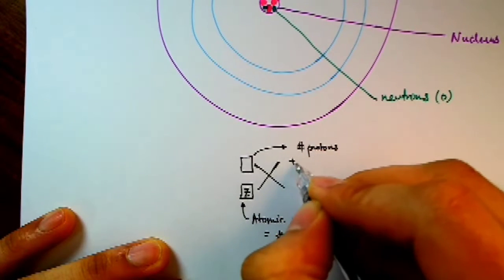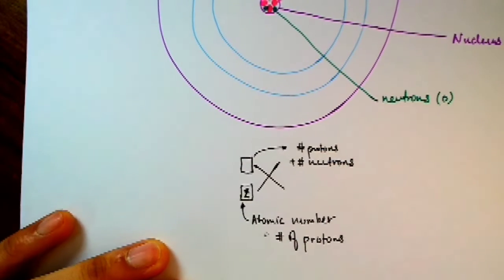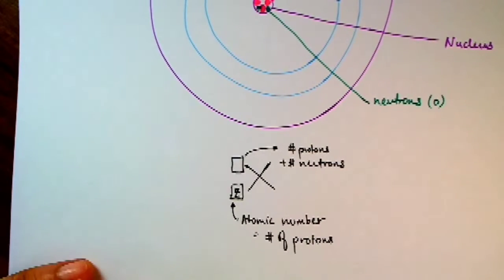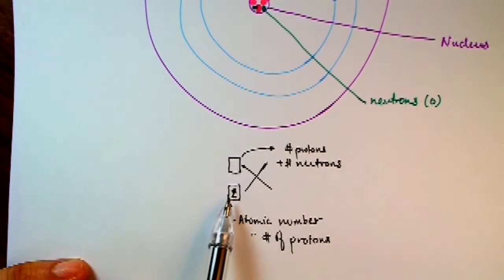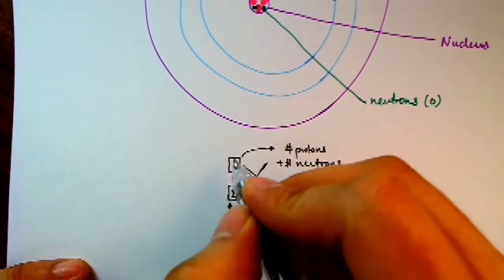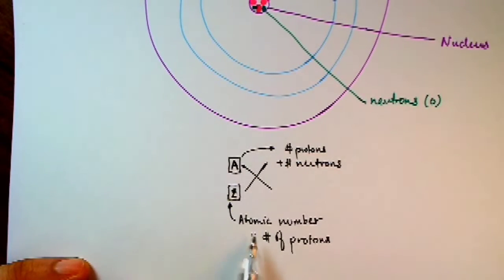What is atomic mass? Atomic mass means mass of protons plus mass of neutrons. That is, number of protons plus number of neutrons together will give you atomic mass. Atomic mass number is represented with a letter A.